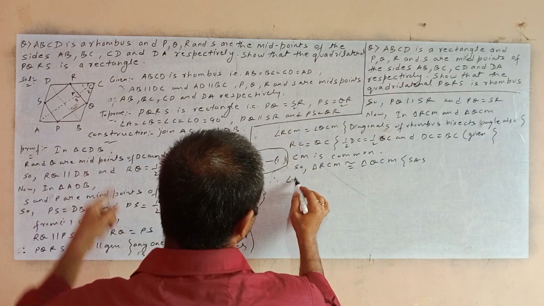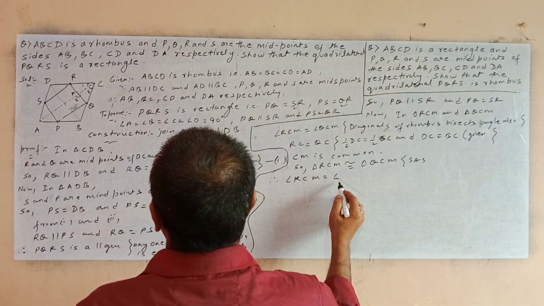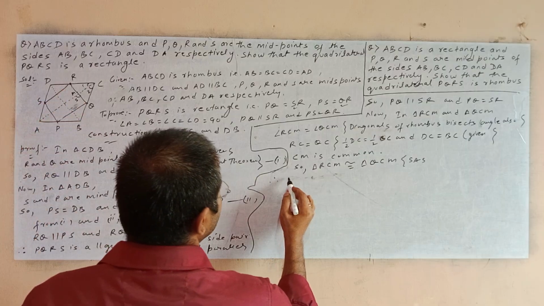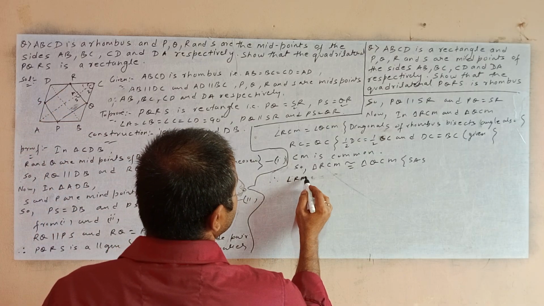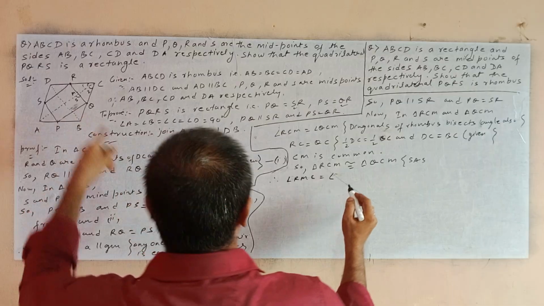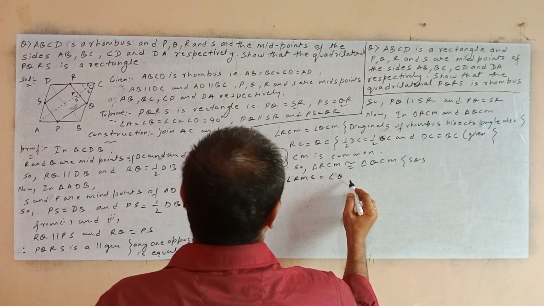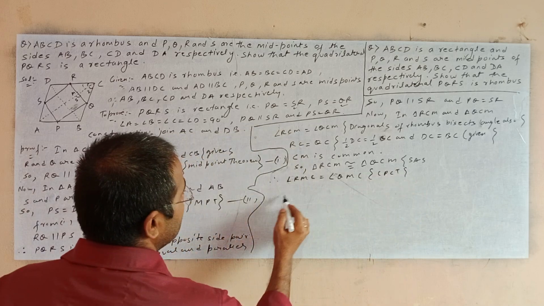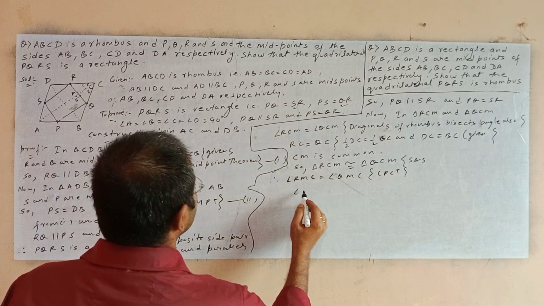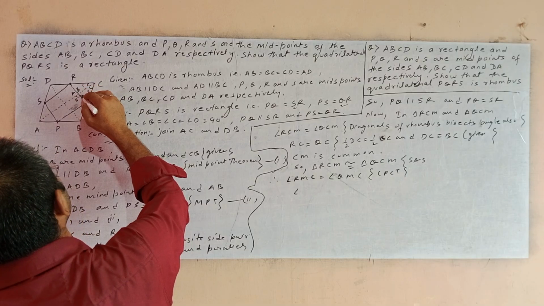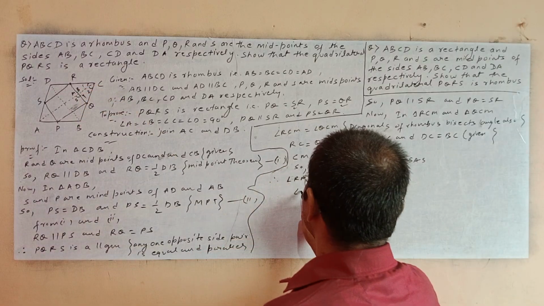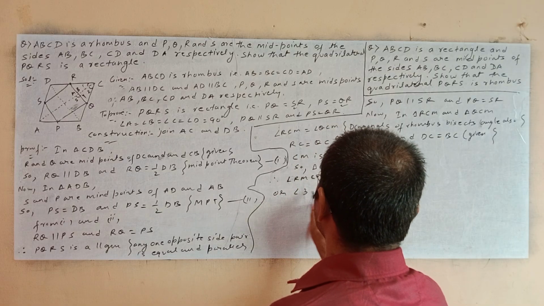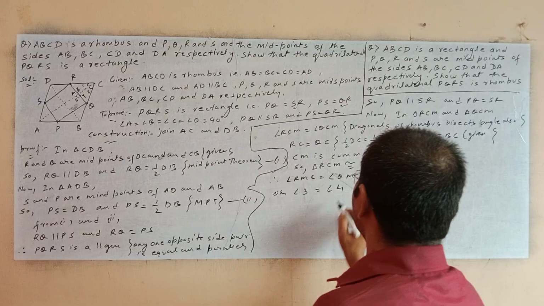Angle RMC is equal to angle QMC by CPCT. This we have taken 3, we have taken 4. So you can write angle 3 is equal to angle 4.